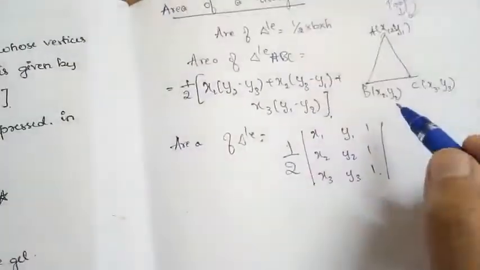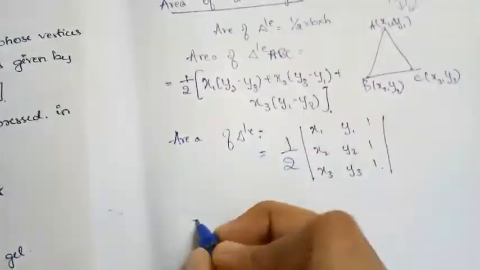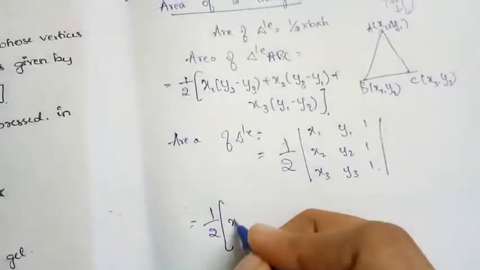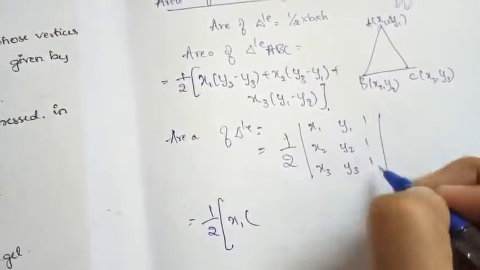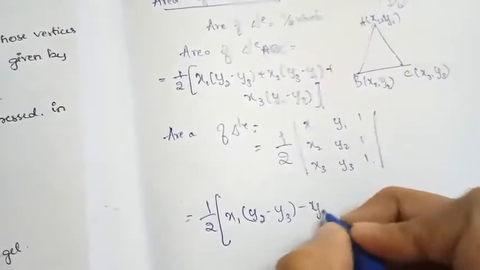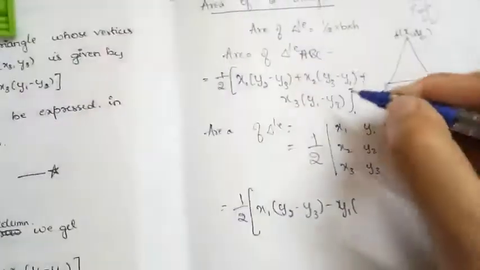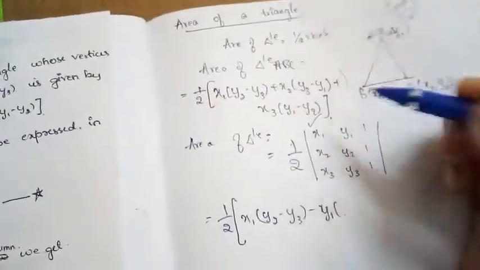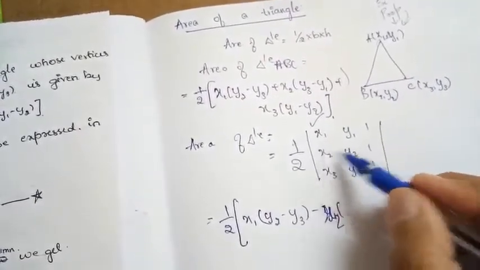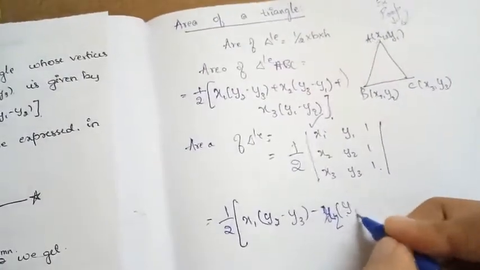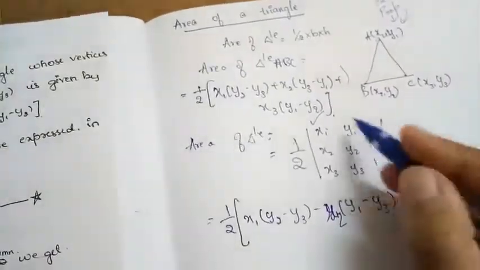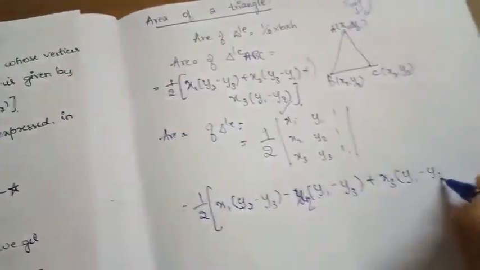You can verify this. Expand this determinant along row 1, or rather along column 1, and see what value we get. The x1 determinant value is x1 (y2 minus y3), then minus x2 times, after deleting this row and this column, (y1 minus y3), plus x3 times (y1 minus y2).